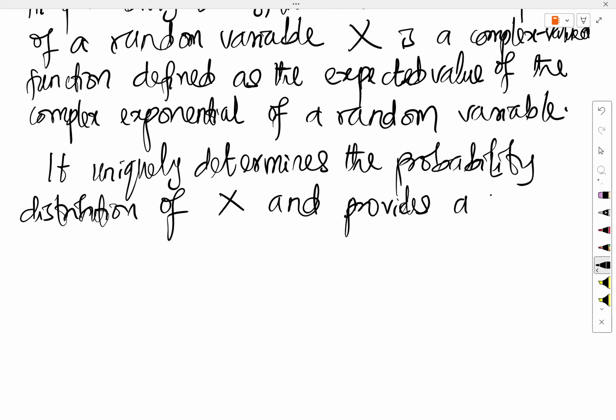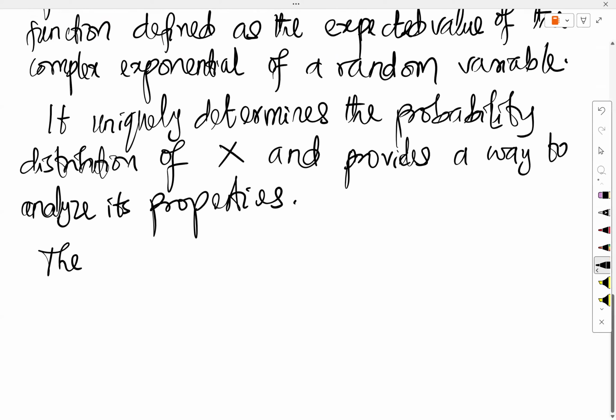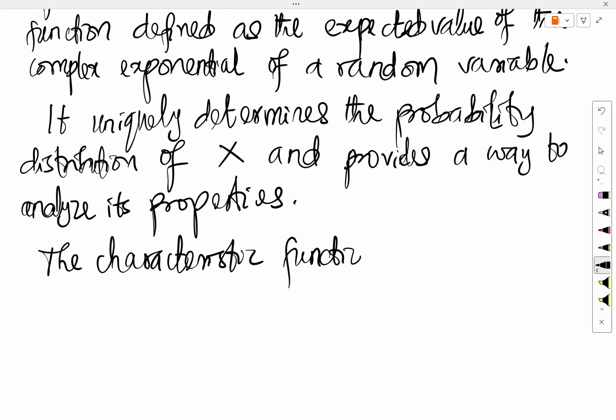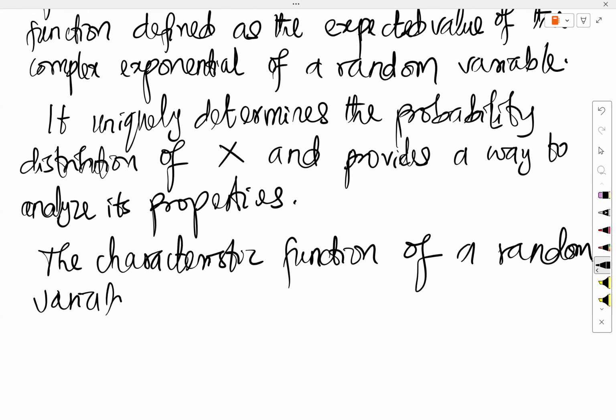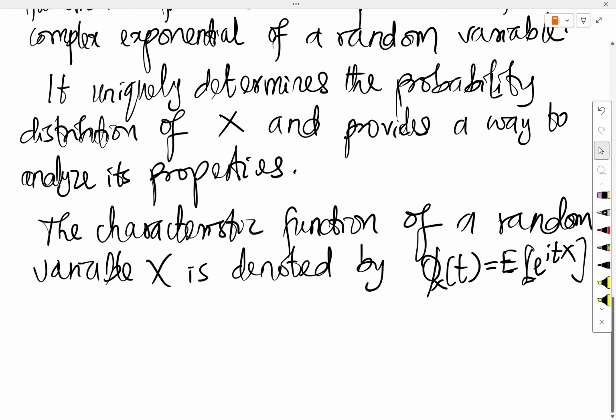Again, the characteristic function of a random variable X is denoted by phi_X(t), and phi_X(t) equals the expected value of e raised to the power i t X.